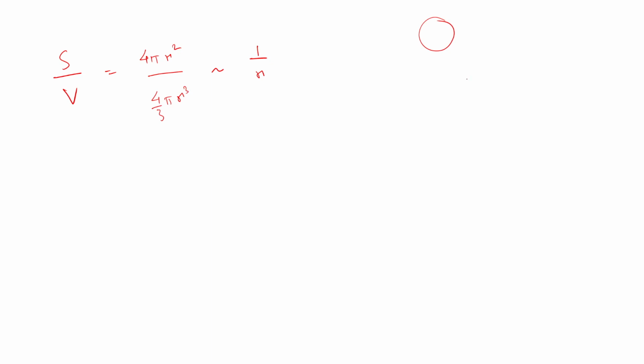For any geometry, the surface goes as r square, and the volume goes as r cube, where r is the typical length size of the particle. So S by V will go as r square by r cube, that is 1 over r.